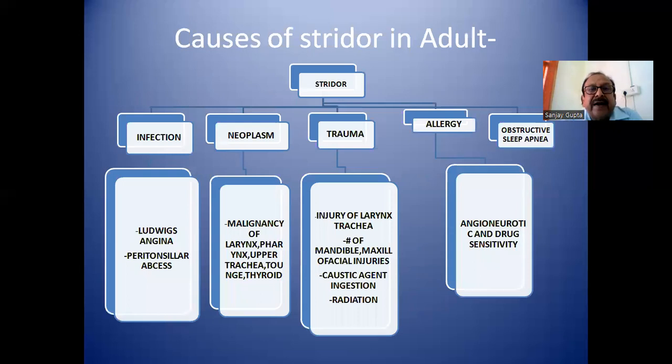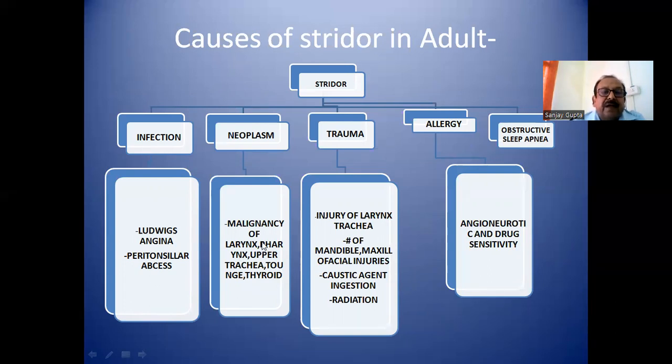Now let us understand a few causes of stridor in adults. They can be read under the headings: it can be due to infection, neoplasm, trauma, allergy or obstructive sleep apnea. Most common infections in adults are Ludwig's angina and peritonsillar abscess.